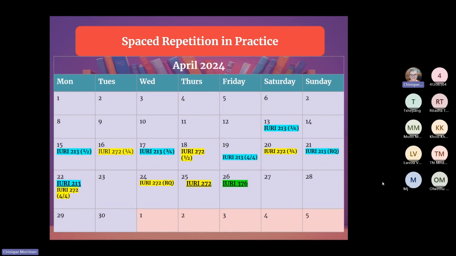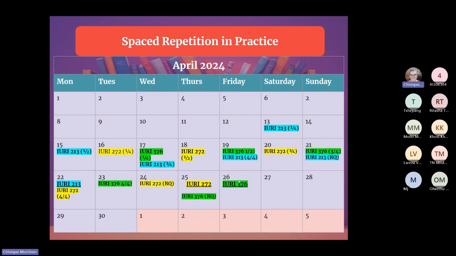If I add URI 272, this is what it looks like. So now I'm doing a little bit every day. And then if I add 376, that is where it becomes a little bit more difficult. So I have to divide my day into 2 parts. When I have 376 and 213 on one day, my suggestion is always to limit it to 2 modules per day.